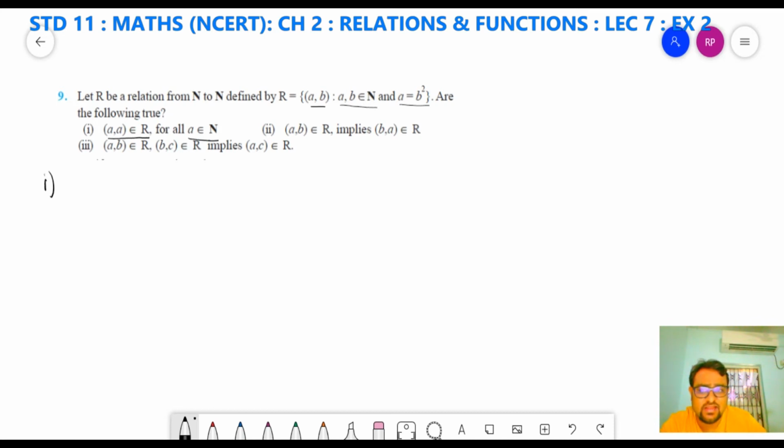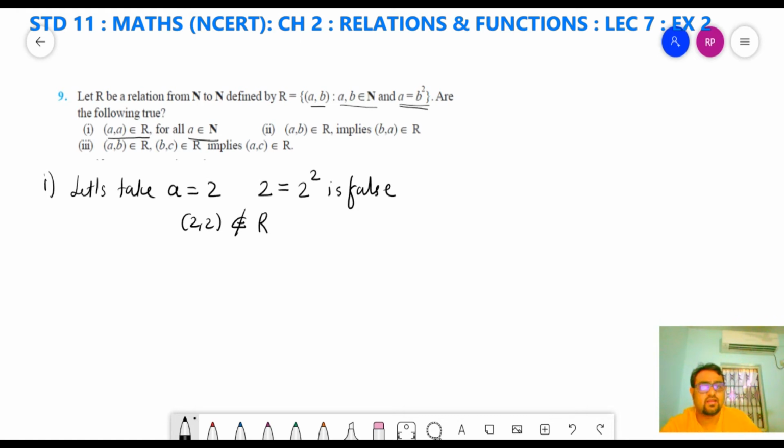Let's take a is equal to 2. Then 2 is equal to 2 square. Is it true? No, this is false. As it is not satisfying this equation, that means (2, 2) will not belong to R. Here relation R means a equal to b square.